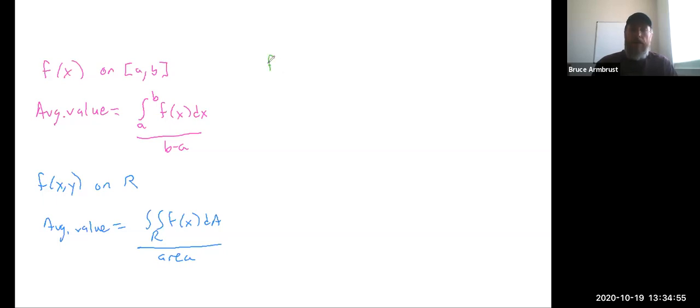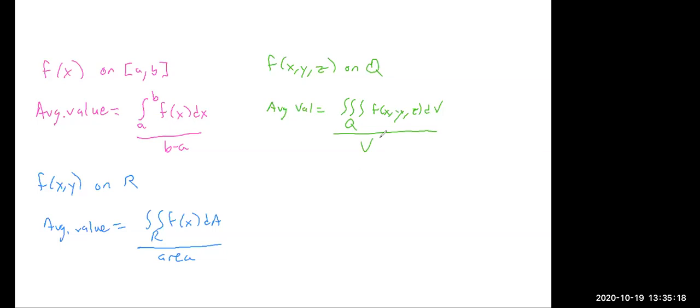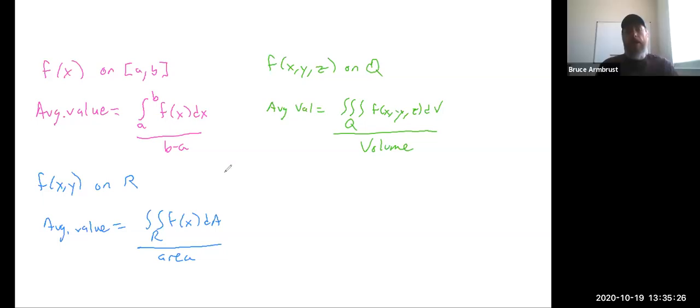Okay, so now let's extend it to 3D. All right, well now we're going to do a triple integral. And what do you think we divide by? The volume. Yeah. All right, so that's how we can deal with average values.